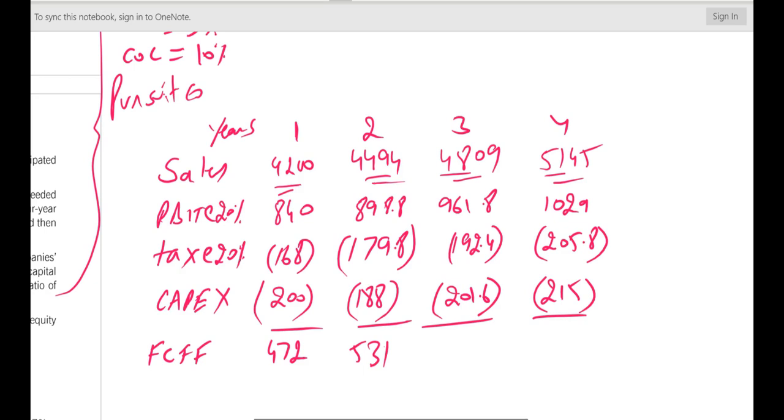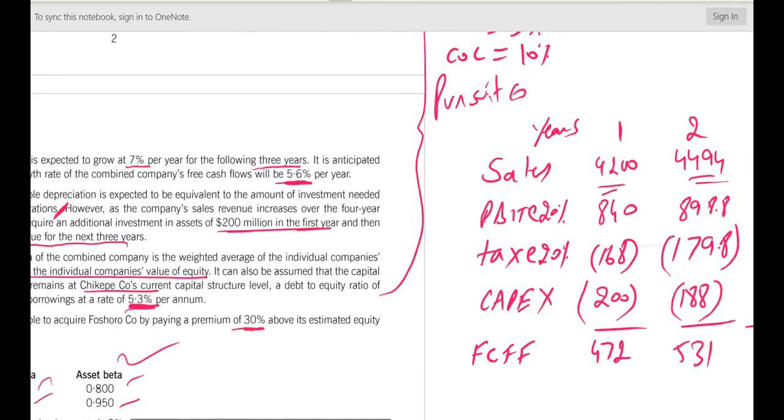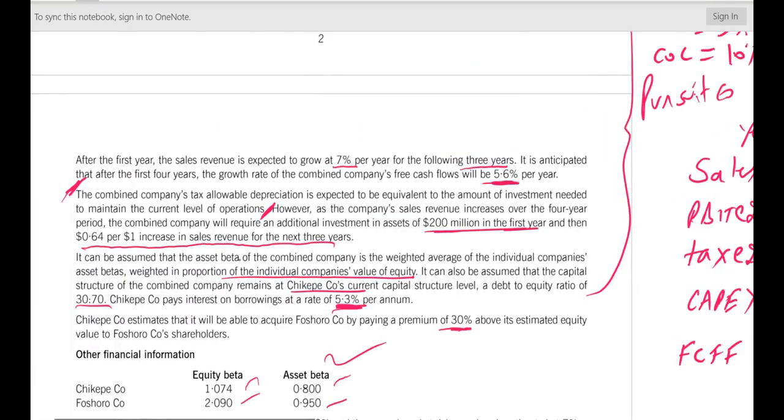So I'm taking the rounded value, 568. 1029 minus 206 minus 215, 608. And from year 5 onwards, cash flow will increase with a growth of 5.6%.